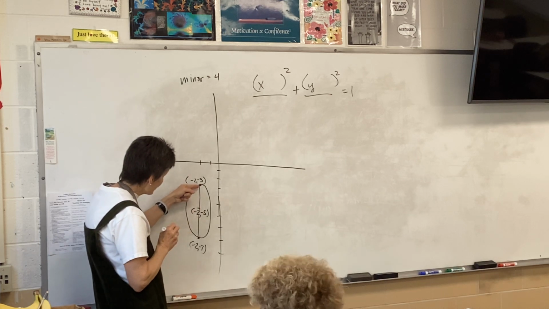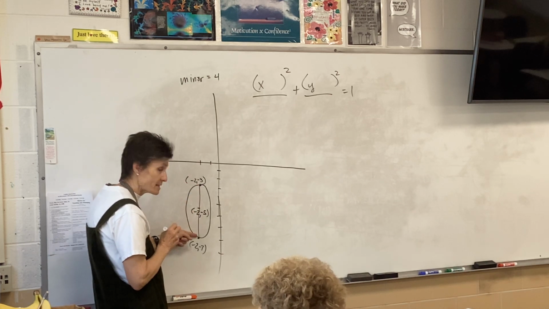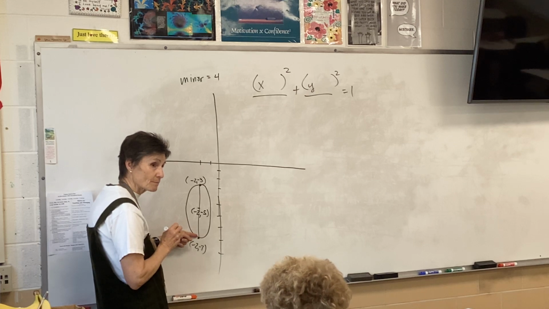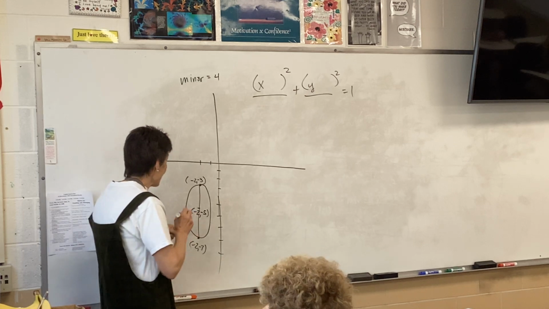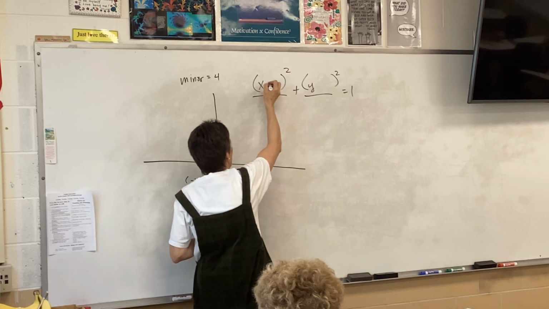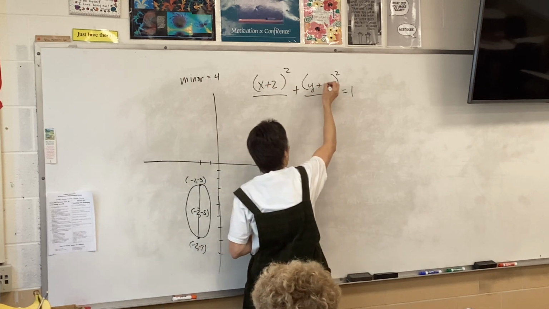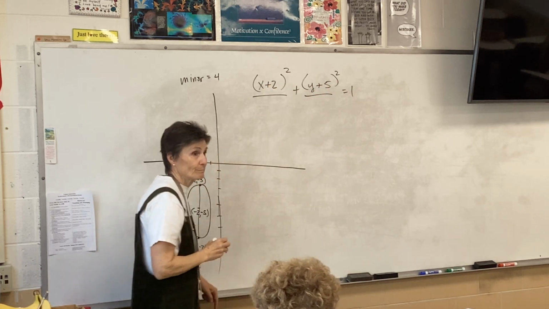Isn't it 2 units to here and 2 units to here? So (-2, -5) means x plus 2, y plus 5, right?